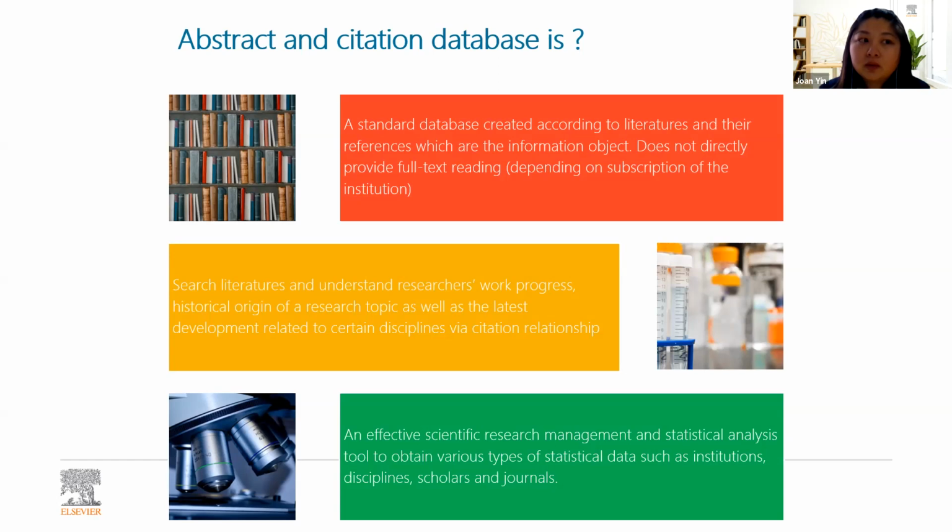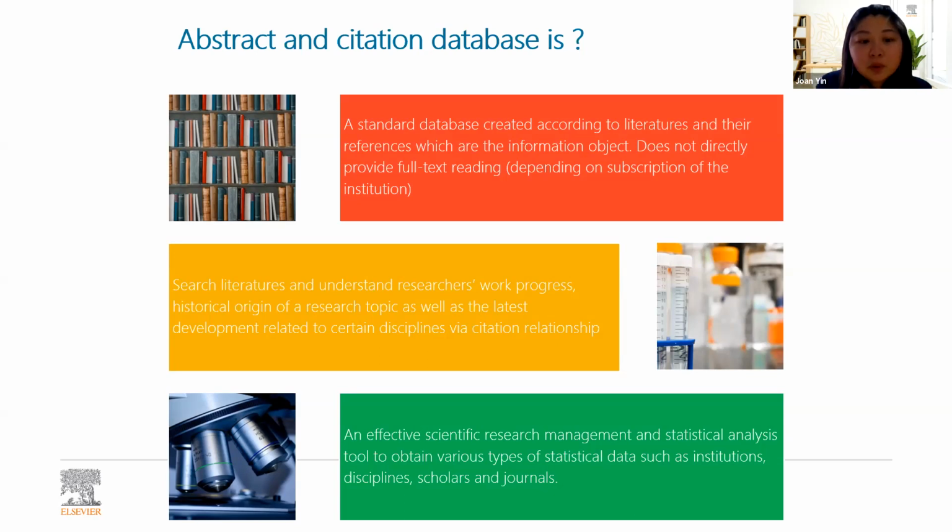So we don't directly provide full text reading from Scopus, but you can, depending on the subscription of your university. However, currently we have over 18% open access documents in Scopus. So it's quite easy to get full text documents.